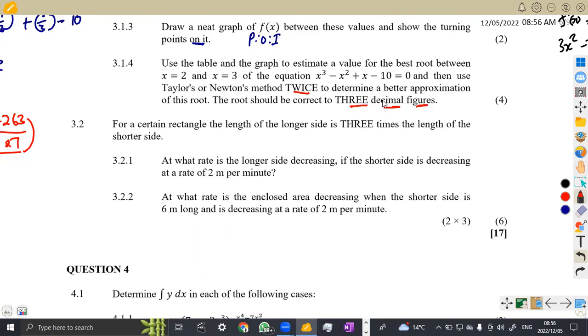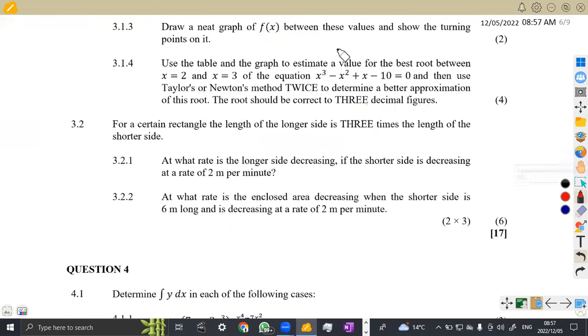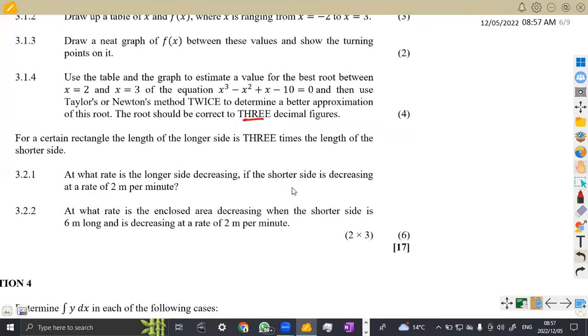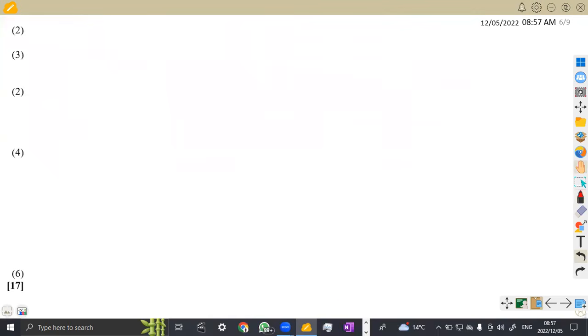Okay, remember your Newton's rule, so you're taking from 2 to 3. For the meantime, I just want to remove some of this part that I have written here. Take note, your answer is supposed to be taken to 3 decimal places. Let's start first with Newton's rule. What does it actually state?